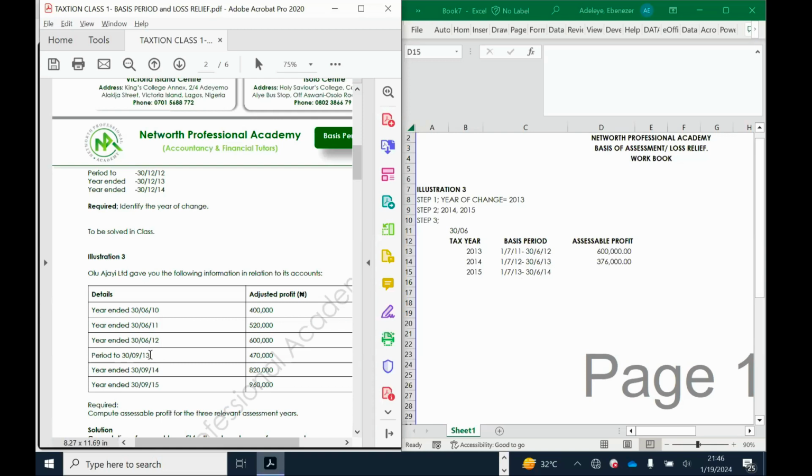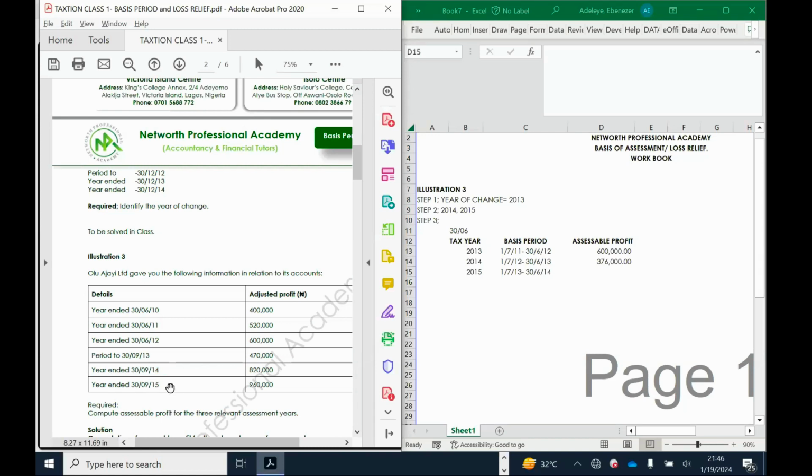It would have started within this year, because this year end is September. July is before September, so it would have started before this September, and it will have ended before this September.